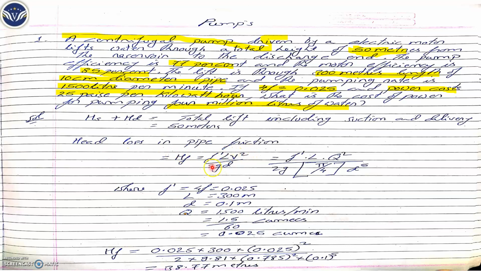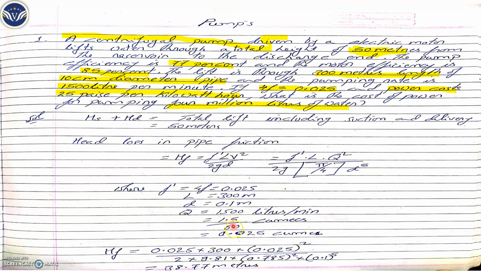It is given by this equation, that is f' L V squared by 2gD. That equation can be rewritten in this sense itself. Okay, so now HF is nothing but, f' is given as 0.025, L is 300, and D is 0.1 meters, and Q is 1500 liters per minute, which has been given in this problem itself.